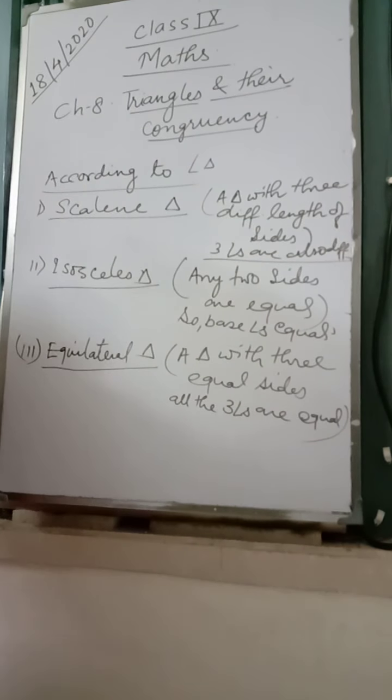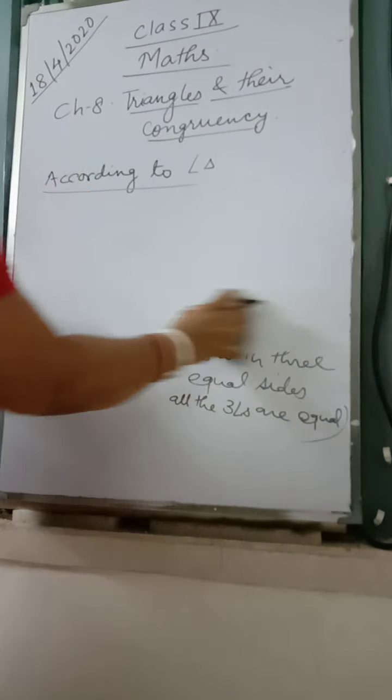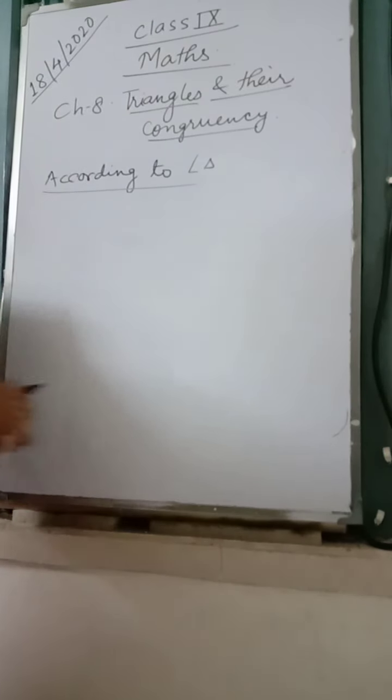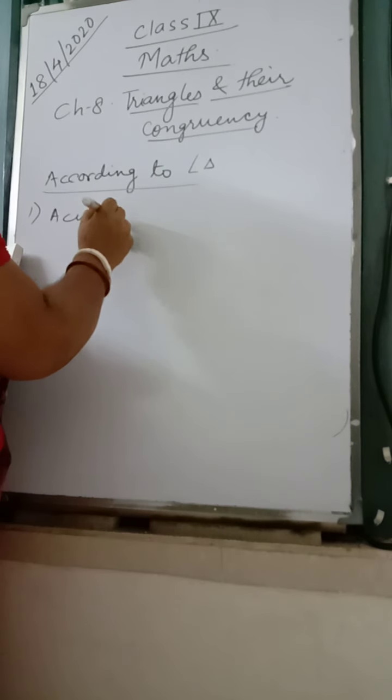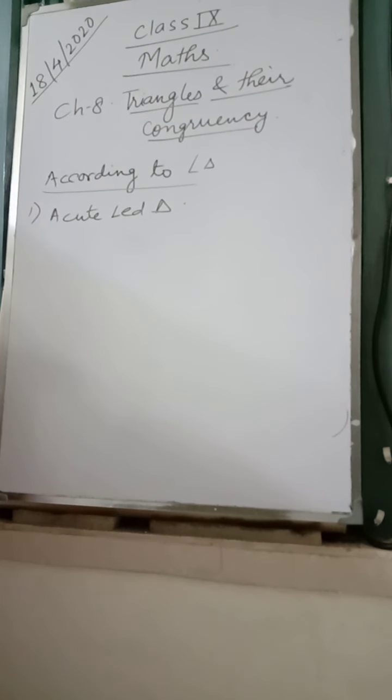According to angles, first is acute, then obtuse, then right angle triangle. You can see it is given. Acute angle triangle: a triangle which has all the 3 angles less than 90 degree, or acute angles.